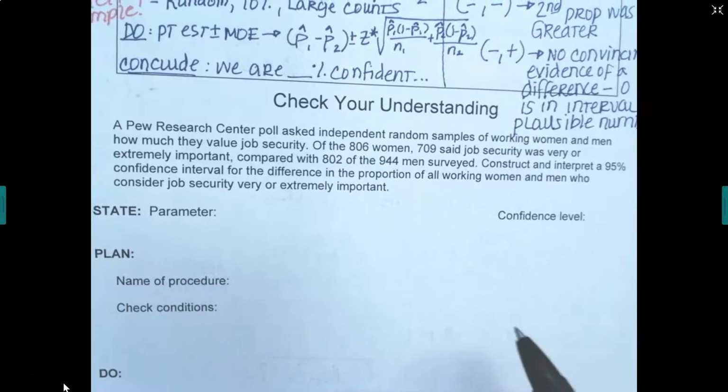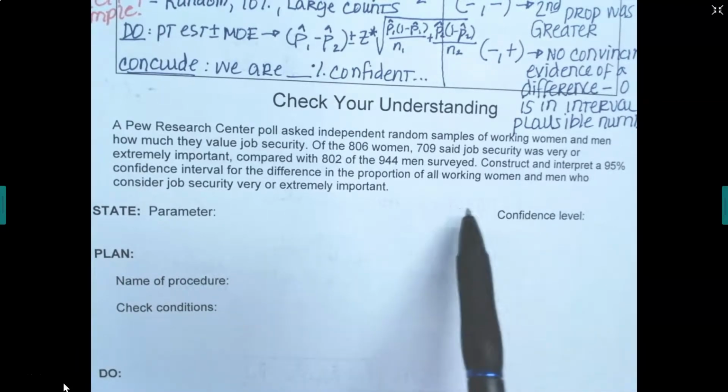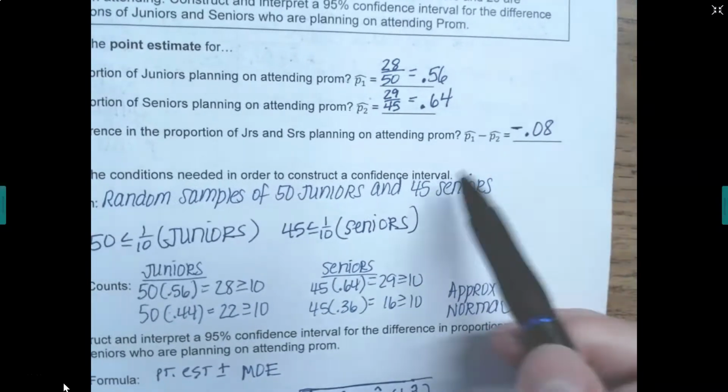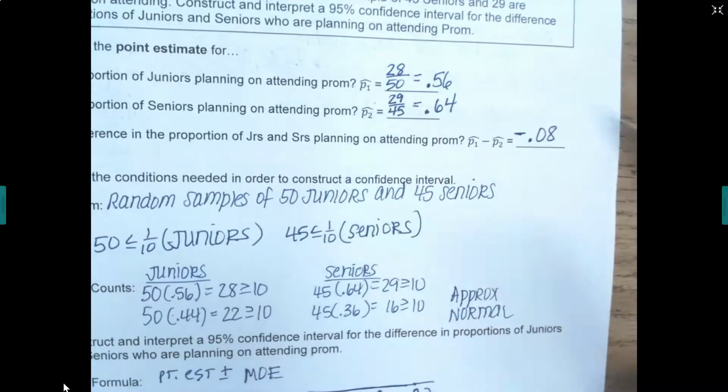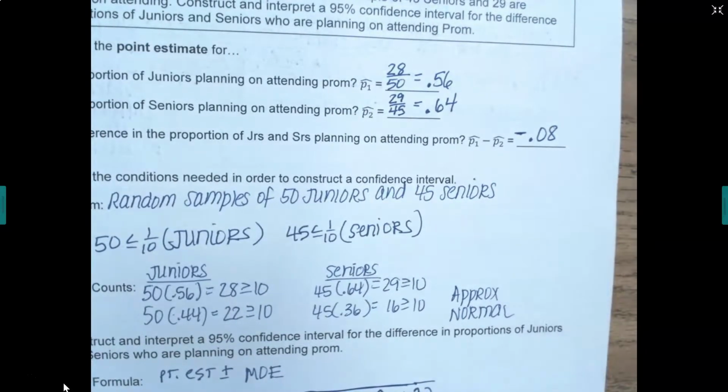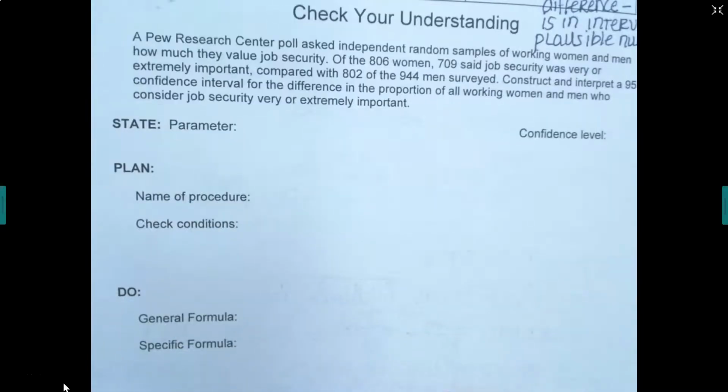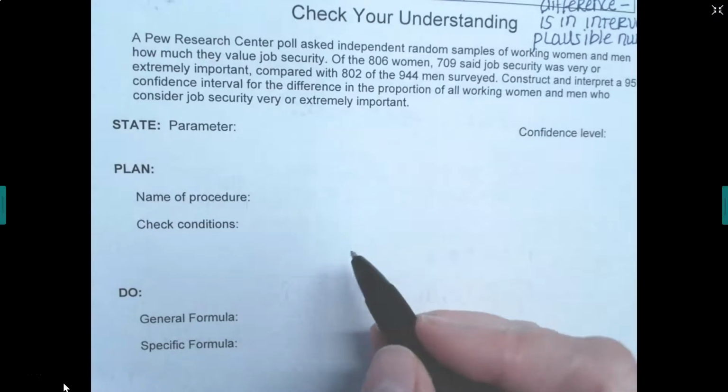So we're going to subtract these. They don't tell us which way to subtract. Back on the other side, it said do P1 minus P2, and they had defined P1 as the juniors and P2 as the seniors. So you actually get to pick. You just need to tell your reader what you're going to do.